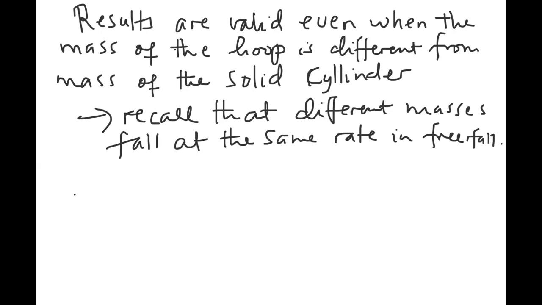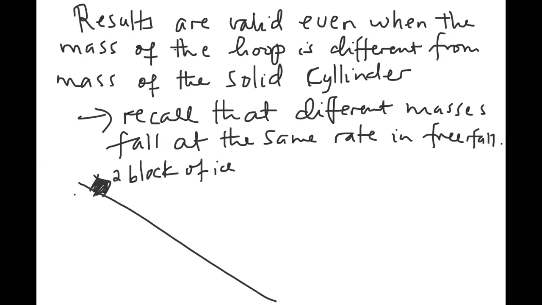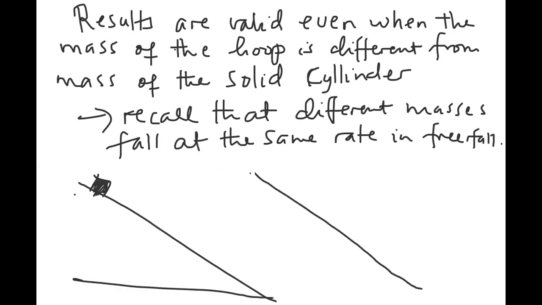Recall also that even if we have two blocks of ice here, I don't know how to draw them side by side, so let me just put one here and then another one in a different place. So a block of ice there, and then let's have another slope here. The slopes have the same height, and then we put another block of ice here.